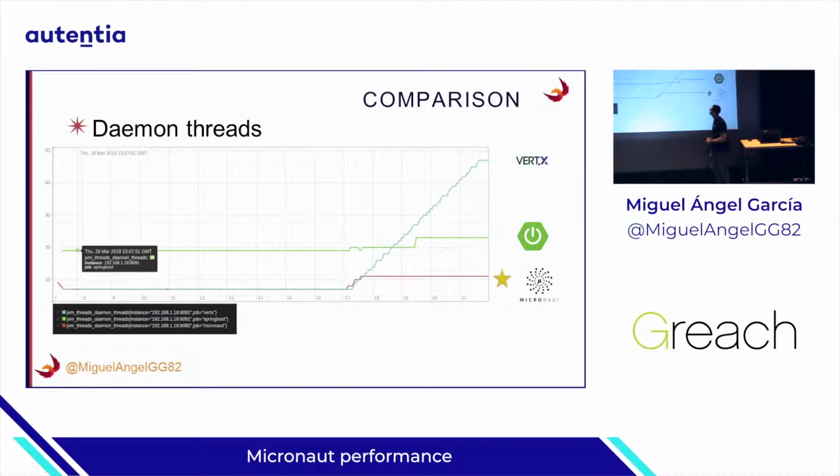Daemon threads. This is very curious because in this case Micronaut has the best rank, but at some moment Vert.x has a very big peak and has a lot of daemon threads.